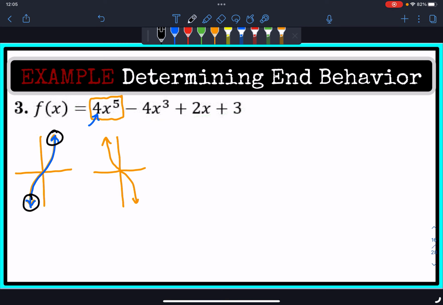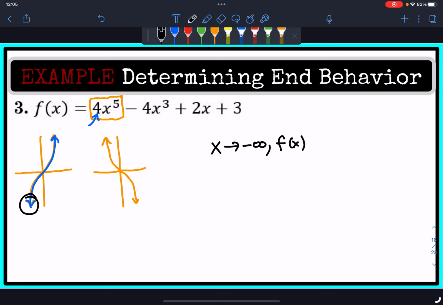So the left end, let's start with the left end. The left end, again, is pointing downwards. That means that as x decreases without bound, which is written as x approaching negative infinity, the function values decrease without bound.